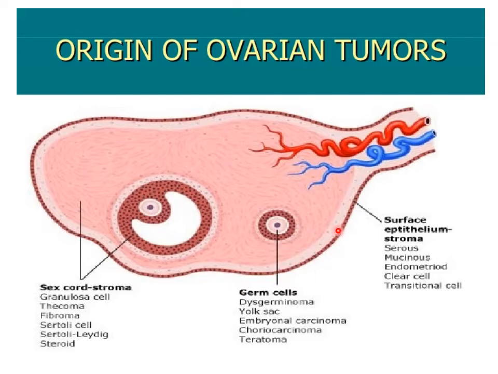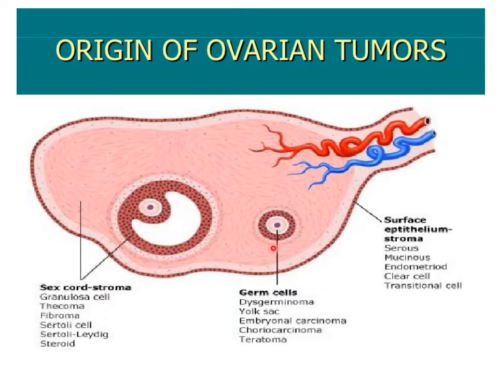surface of the ovary. Then the tumors that arise from the stroma and from the sex cord are named sex cord stromal tumors. These include granulosa cell tumors, thecomas, fibromas, Sertoli cell tumors, and Sertoli-Leydig cell tumors. So these are all the tumors associated with the sex cord and stromal elements.